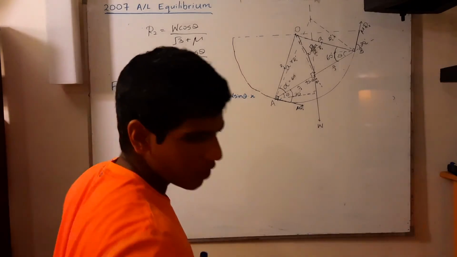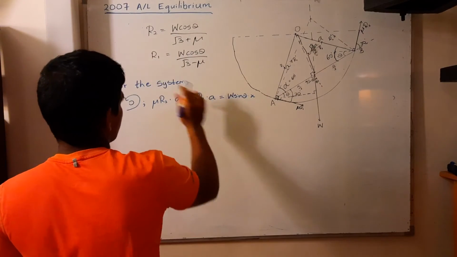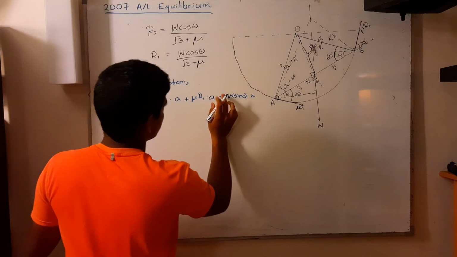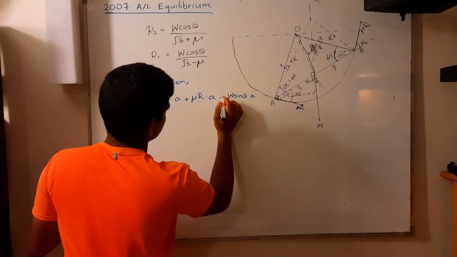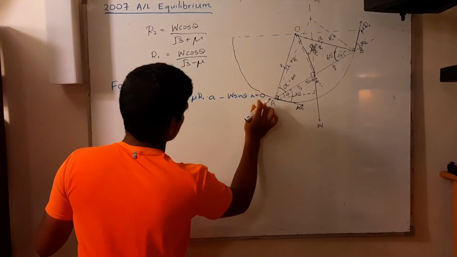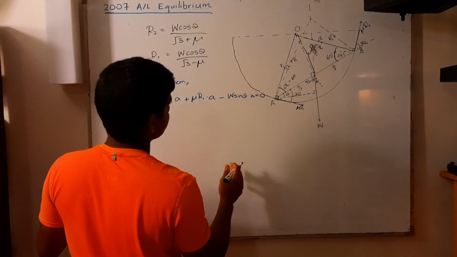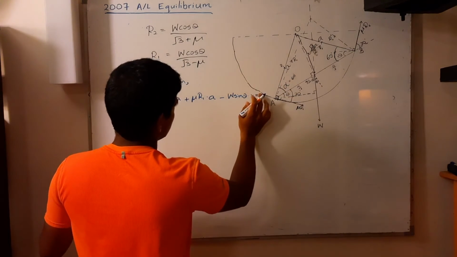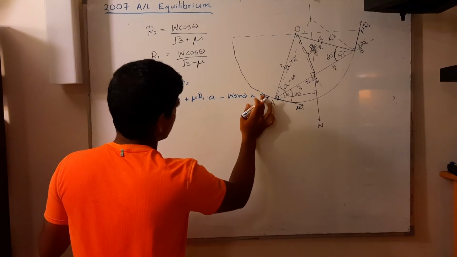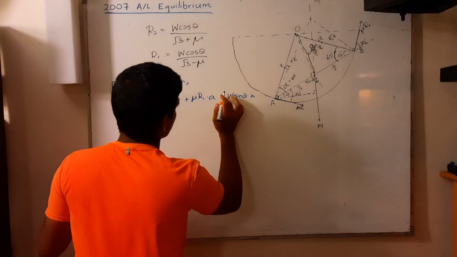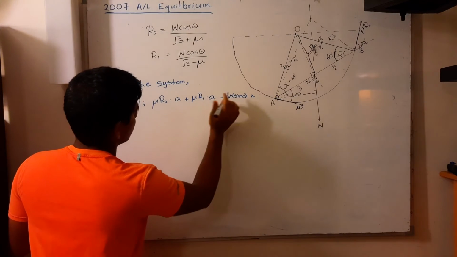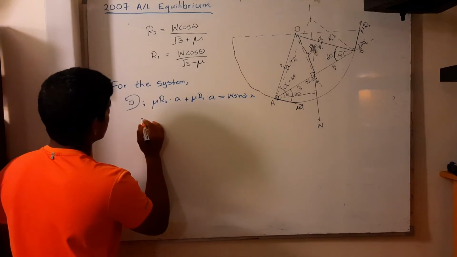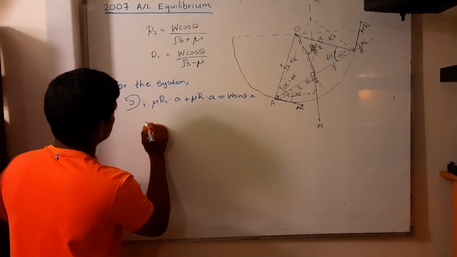So now we are going to substitute all these values R2, R1 and x. Basically this becomes minus W sin theta into x equals 0, because x is acting in the opposite direction to the anti-clockwise moment. So if you take the negative value to the right hand side, it becomes mu R2 into A plus mu R1 into A equals W sin theta into x. Now we can solve this by substituting the values.